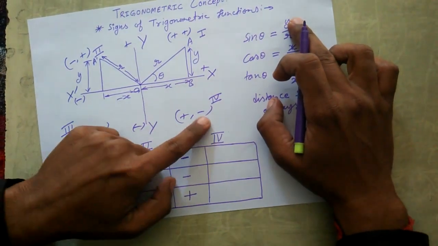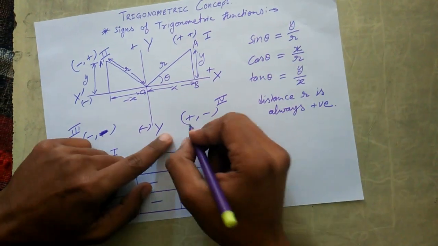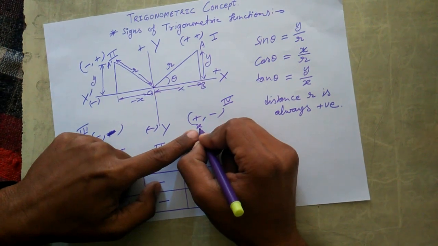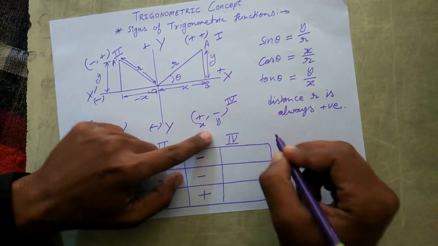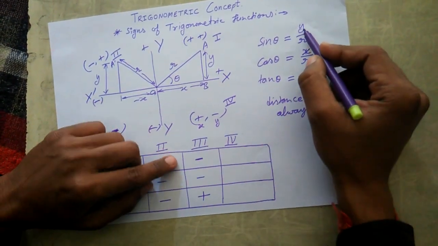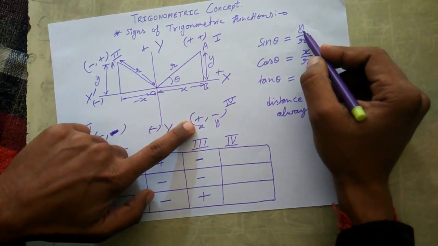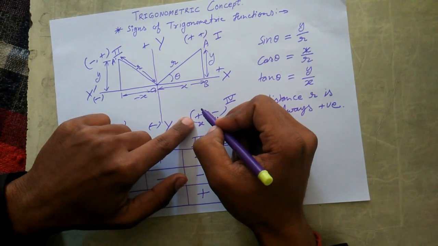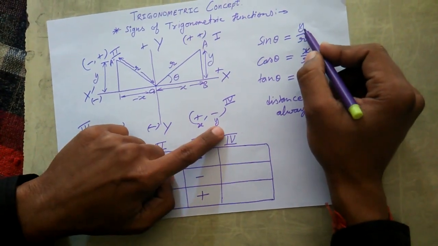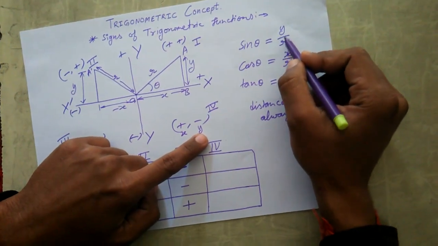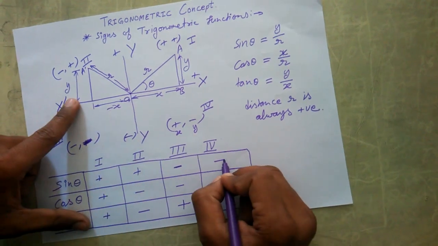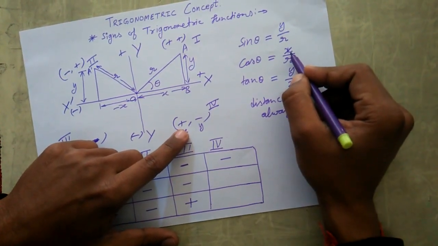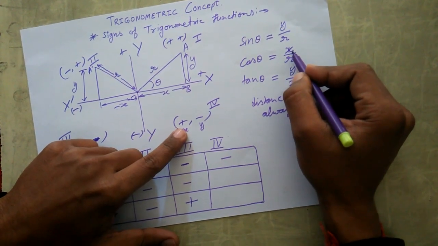Sin theta, Y. This first sign is assigned to X and the second one to Y. Y here is negative in fourth quadrant. Y negative, R positive. Negative divided by positive. Negative.